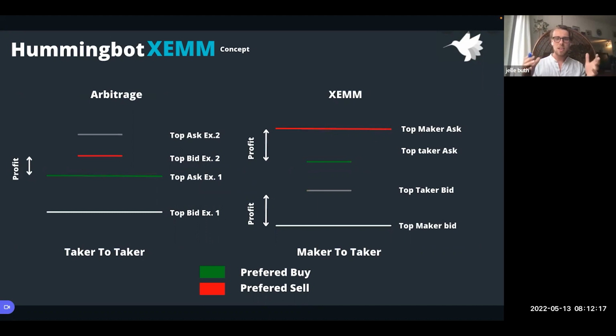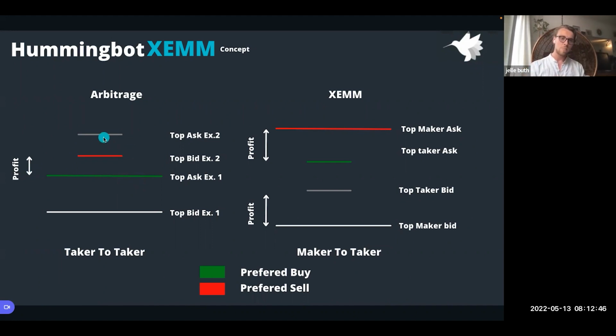Cross-exchange market making is kind of like a combination between pure market making, as you're placing maker orders on one exchange, and an arbitrage strategy. But the big difference between an arbitrage strategy and cross-exchange market making is that for arbitrage, you're capturing a taker to taker profit. So what happens once two prices dislocate from each other in a way that you can place two taker orders and capture a profit.